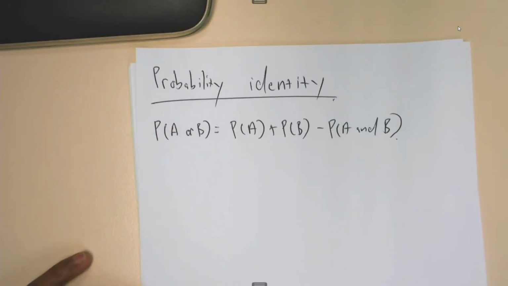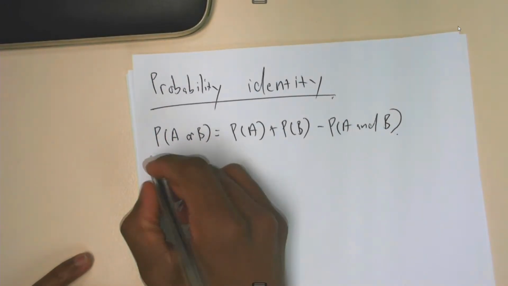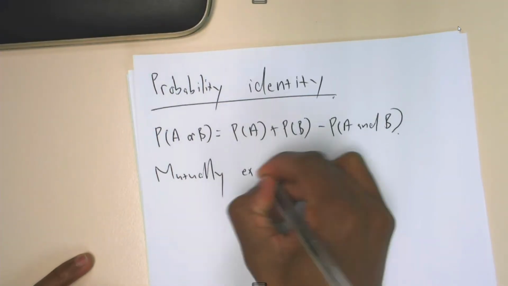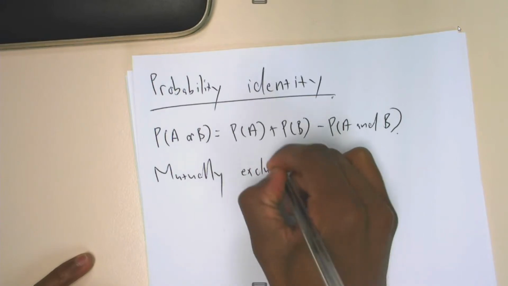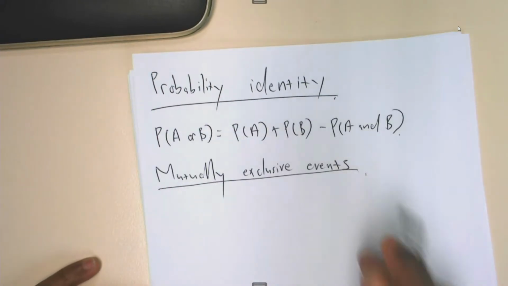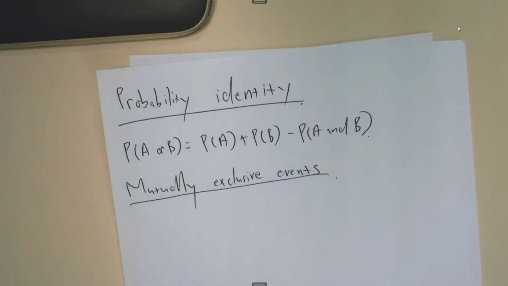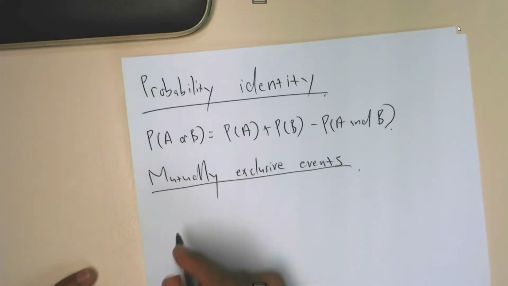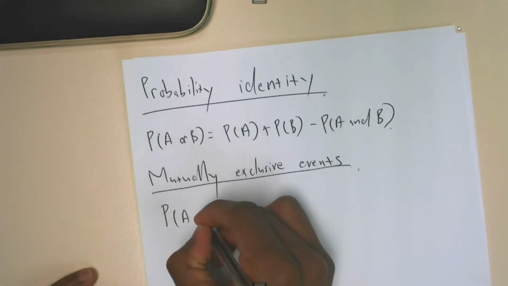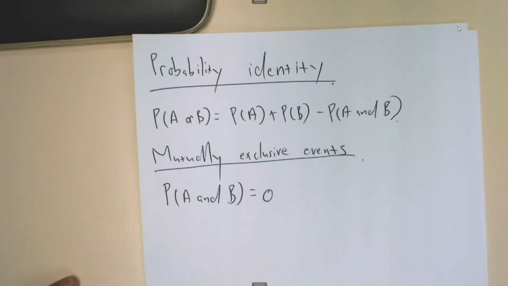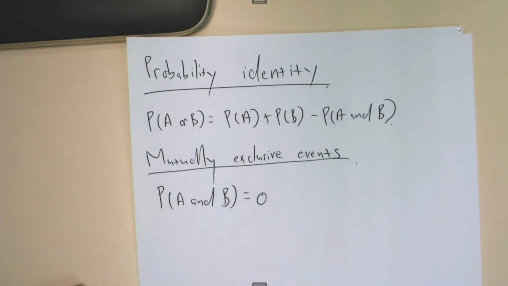And also what's very important, grade 12s, under the probability identity, we have what you call mutually exclusive events. When we deal with mutually exclusive events, we deal with probabilities that have no intersection. There is no intersection between these two probabilities, so therefore it means that the probability of A and B will always be equal to 0 if our events are mutually exclusive.